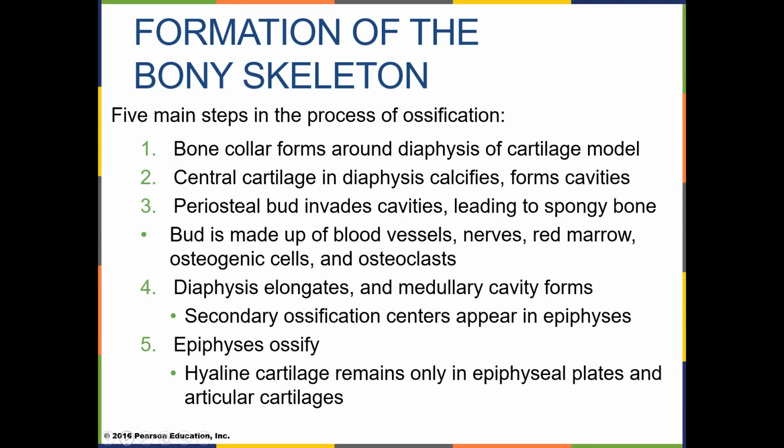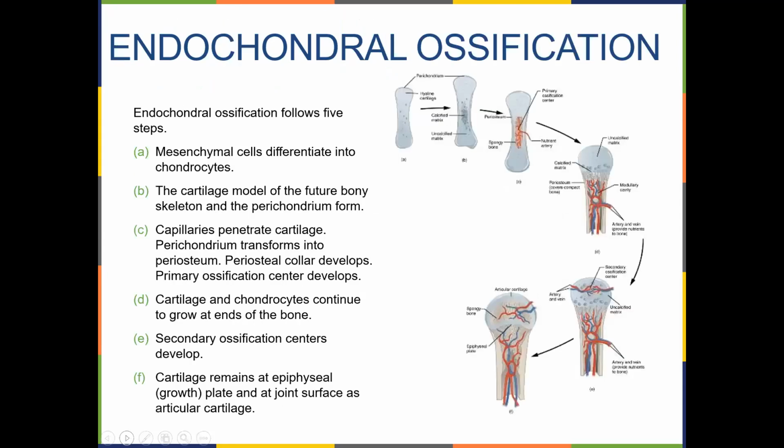Longitudinal growth stops at about age 23, but then we will continue to remodel, and we'll have what's known as appositional growth, which is side-to-side growth, because our bones will continue to remodel themselves and change their shape over and over again based on the demands we apply there.